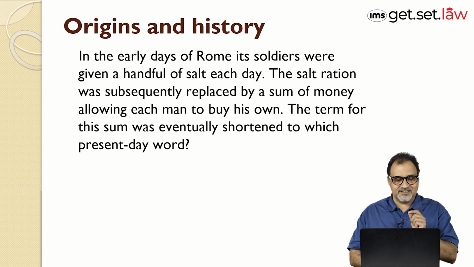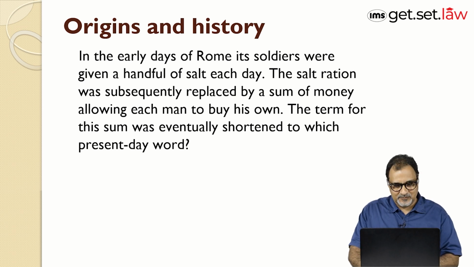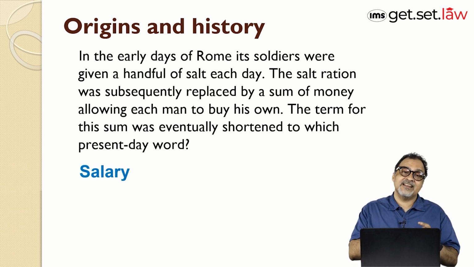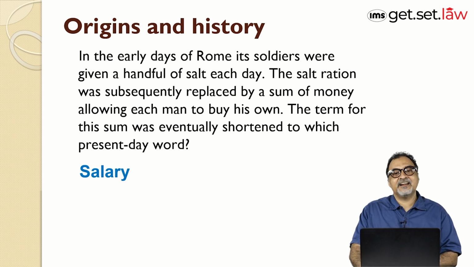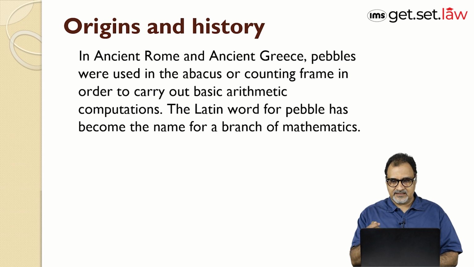So from salt, which modern day word comes that denotes wages? The word was salarium in Latin, and now it is salary. Again, going back to ancient Rome and ancient Greece, pebbles were used in the abacus or counting frame in order to carry out basic arithmetic computations.